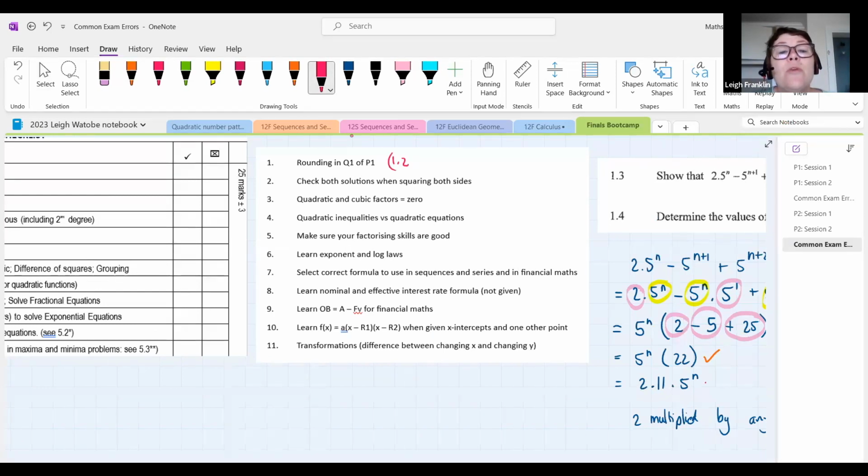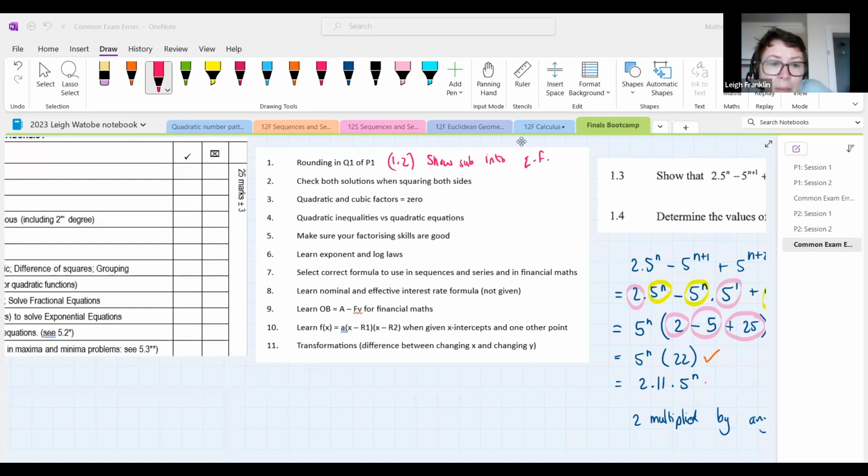This is about question number 1.2. And the other note is to make sure that you show your substitution into the quadratic formula. Always, always, always.